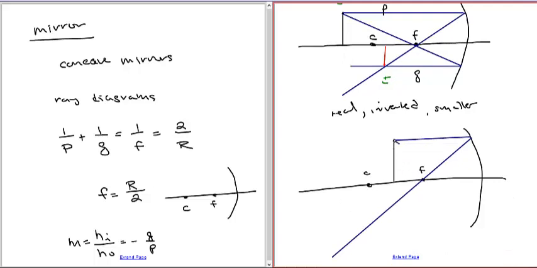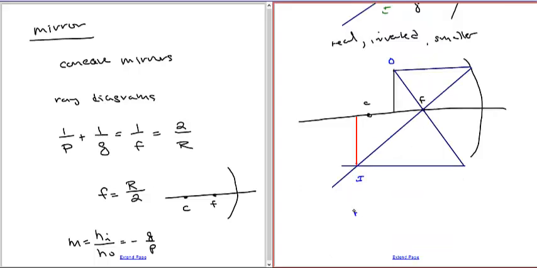Ones that go through the focal point go parallel to the axis. I think I'm doing this quickly, so you might want to do a better job of drawing all this stuff out, but the concept is correct. Okay, so this is the object. This is the image. You can see it's inverted. So it's real, inverted, enlarged.